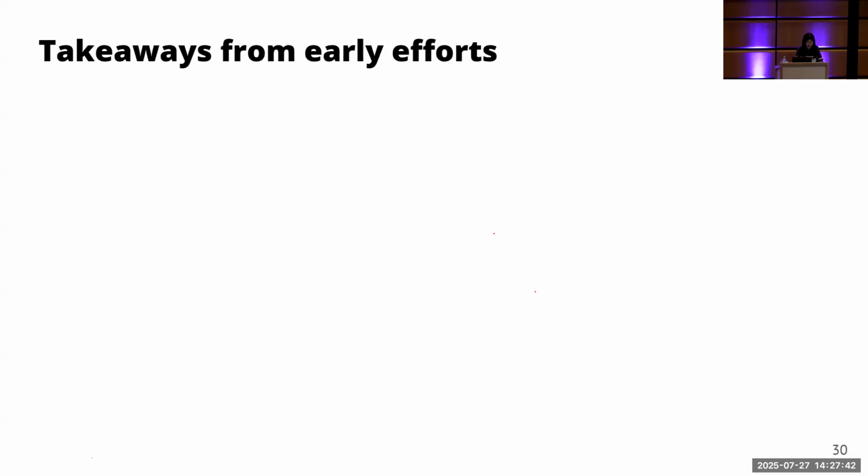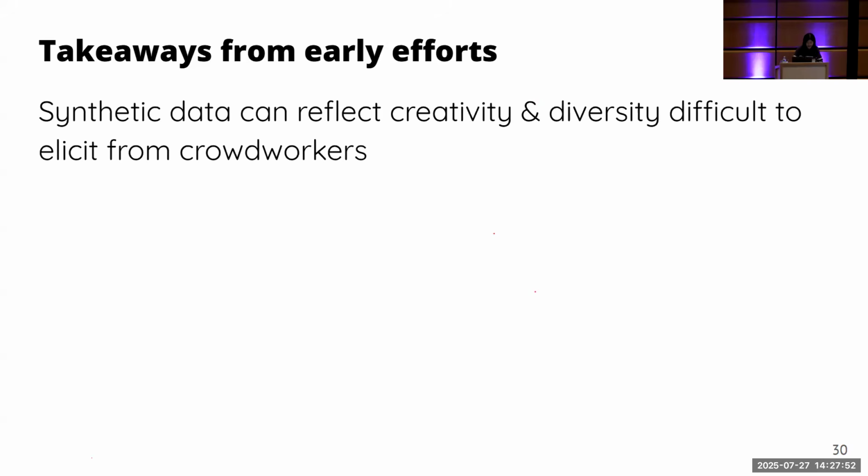At this point, I want to cover some takeaways from these early efforts on synthetic data generation. A lot of these might seem obvious in retrospect, but they really weren't at the time. So the first is that synthetic data can reflect creativity and diversity that's difficult to elicit from crowd workers. Crowd workers are not intrinsically motivated to produce creative and diverse output.